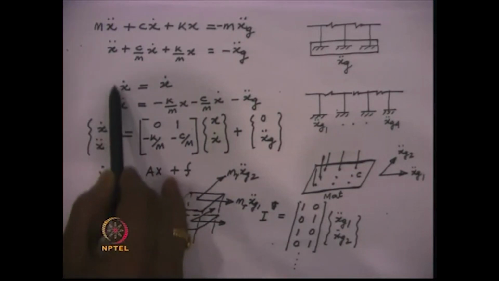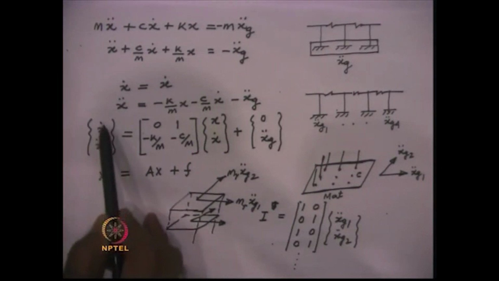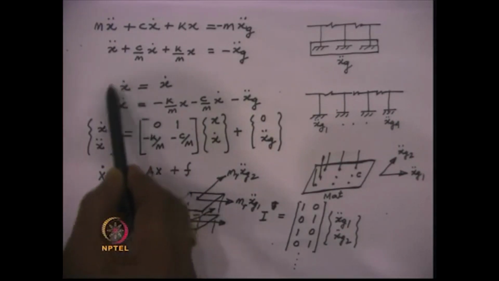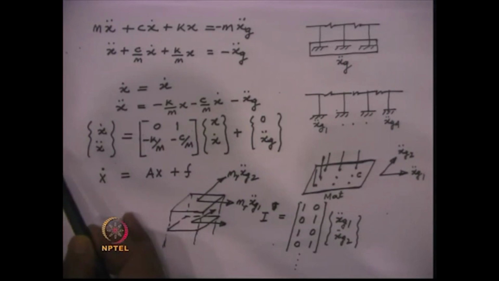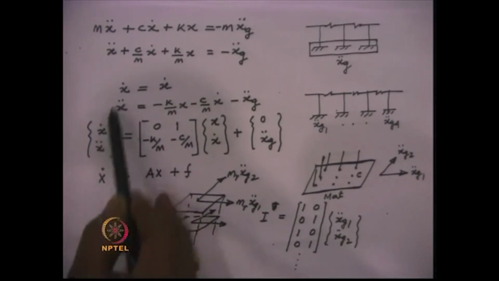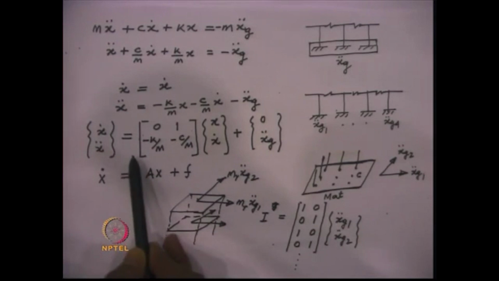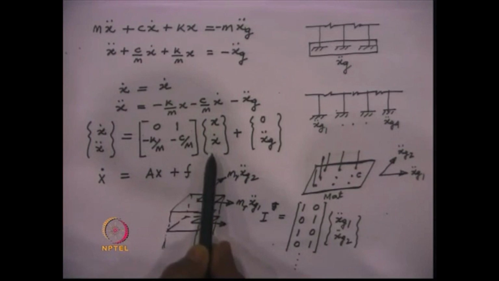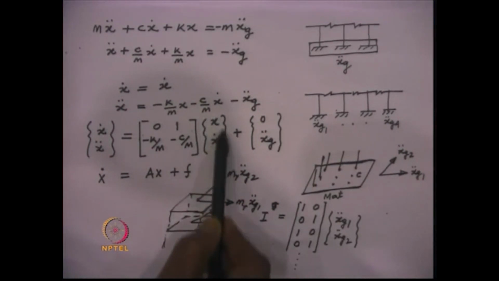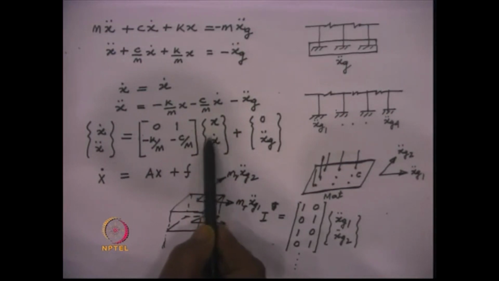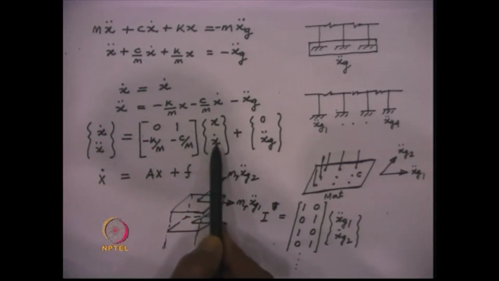Now, these two equations we write together by defining x and x dot as a vector. These two equations can be written in this form: x dot and x double dot as a vector is equal to this matrix multiplied by x and x dot, where x and x dot is the state of the system, or the value of capital X vector.